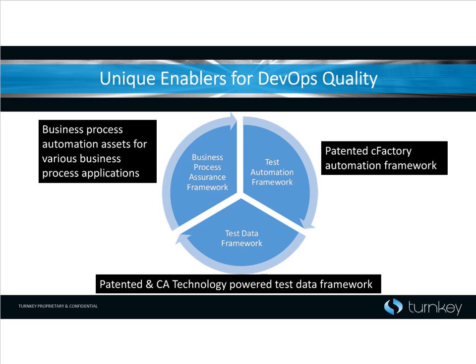Then it really has to support all of those things. We do that with our patented C-Factory automation framework. We'll talk a little bit about that in upcoming slides. And underpinning all that, we've identified one of the critical elements is data. We have patented technology of our own, but we've also partnered with CA Technologies and their TDM framework to provision quality on-demand data. And we're going to dig into those things. But we think that these are the enablers from a tooling and technology framework perspective that are really necessary to drive DevOps quality.